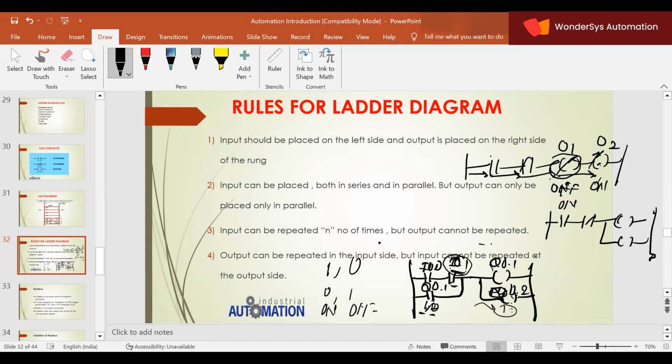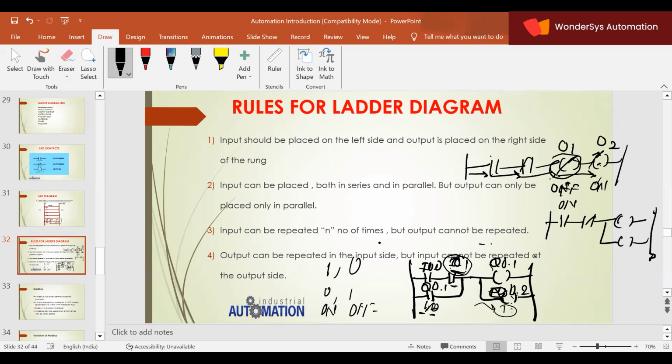Ma'am, if we use an input as an output, while compiling, it will show an error, right? Yes, while compiling, it will show the error. In these four rules, whatever mistake you make, it will show. For the first condition, a few software packages won't allow placing the coils at the input side.